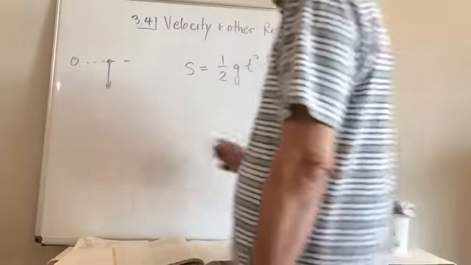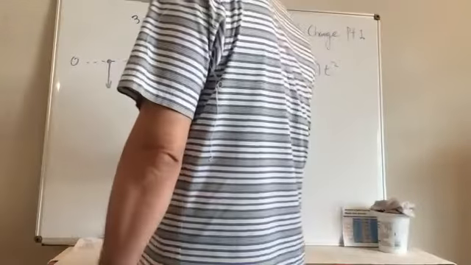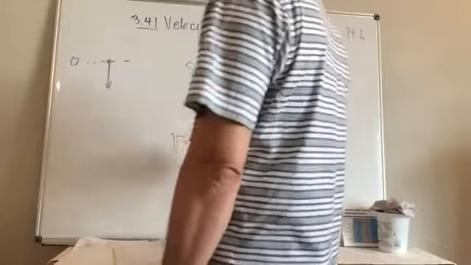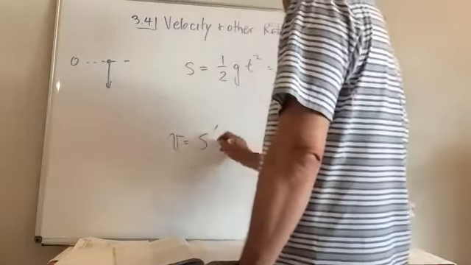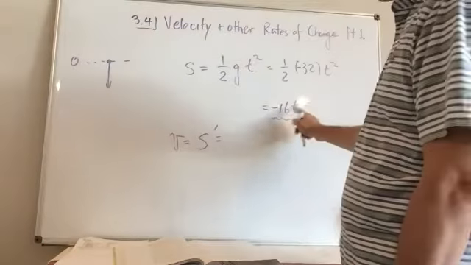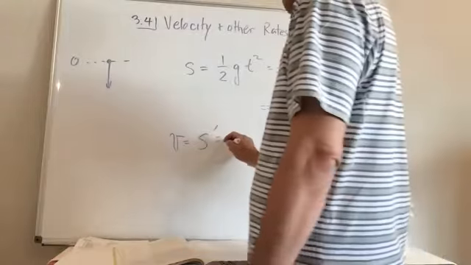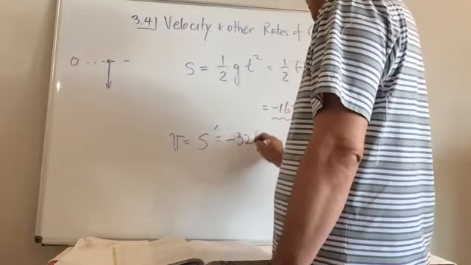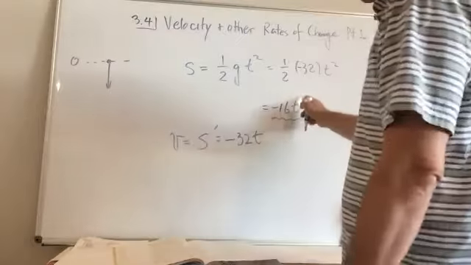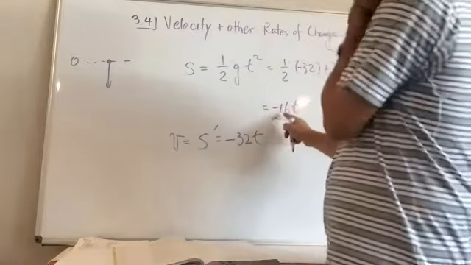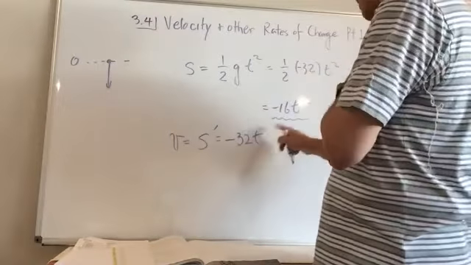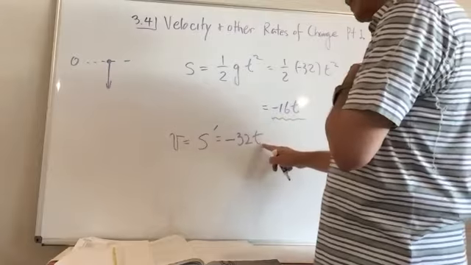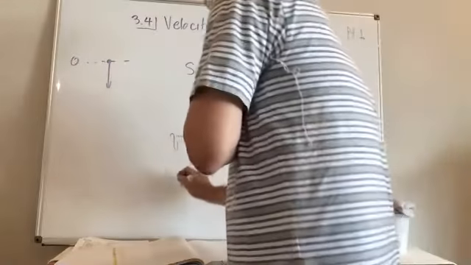So if this is that, what is the velocity? Velocity is nothing more than s prime. So I can take the derivative of this, and I get negative 32t, because the 2 comes down, 2 times 16 is 32, and instead of t squared, now I have t. What's the acceleration?